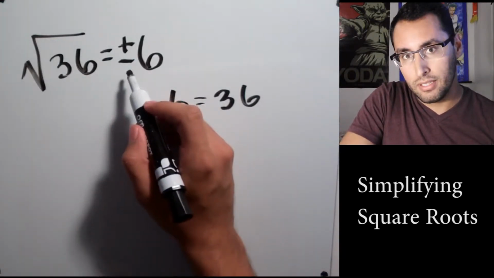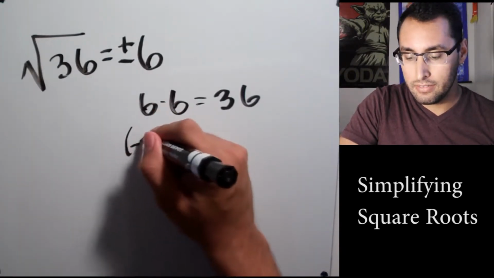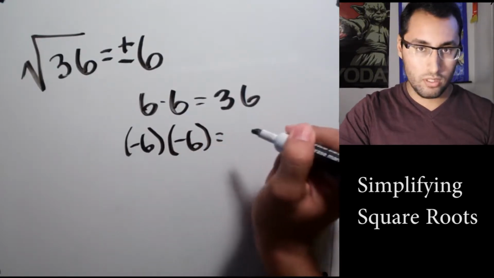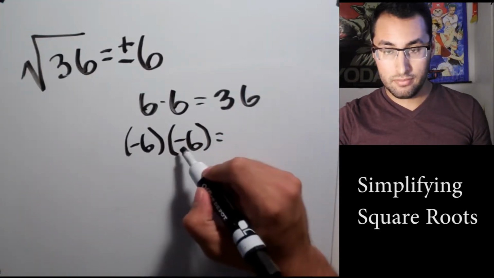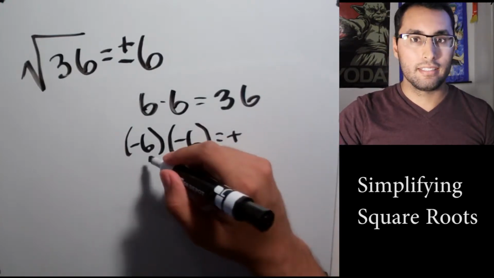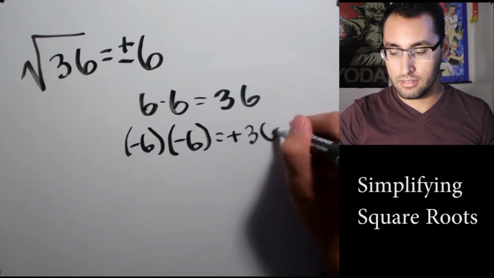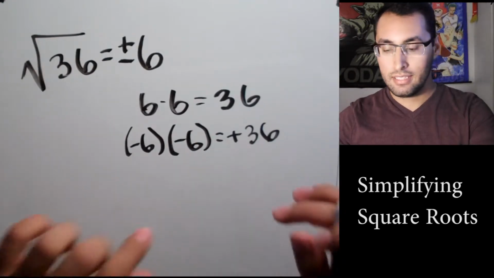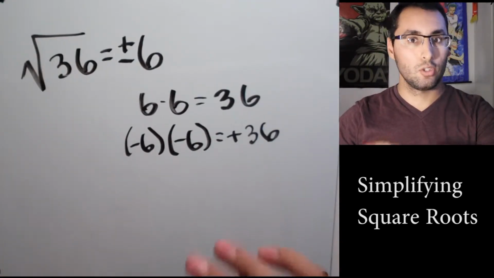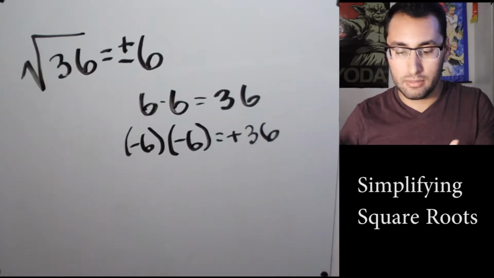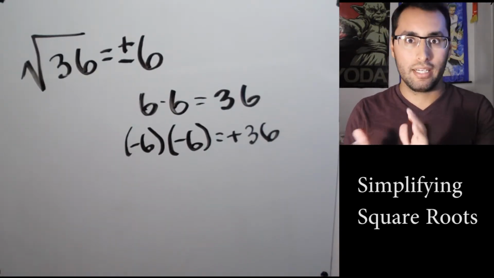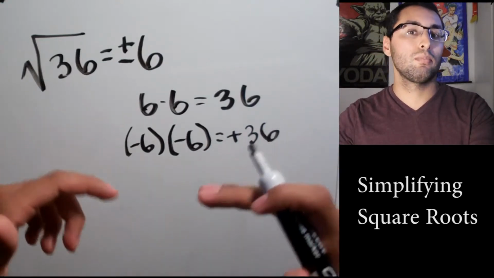But if I had a negative 6 times another negative 6, a negative times a negative is a positive, and 6 times 6 is 36. So that's why we put plus and minus. It's always going to be plus or minus, with the exception of if I had to find the square root of a length, where I differ. But for this, it's always plus or minus.